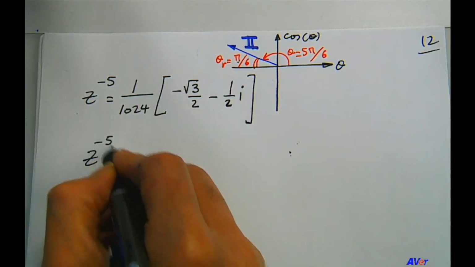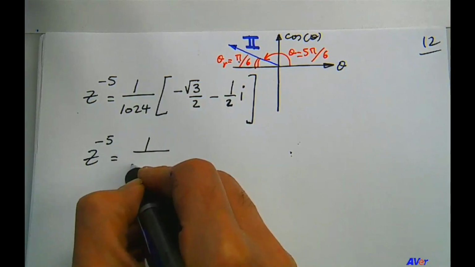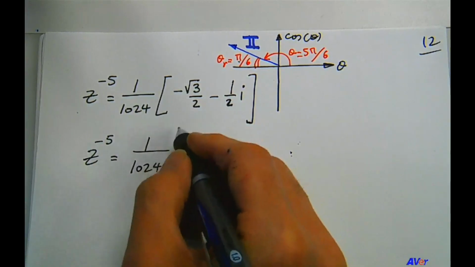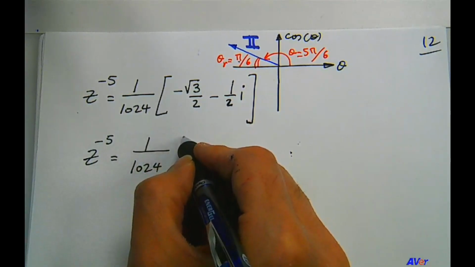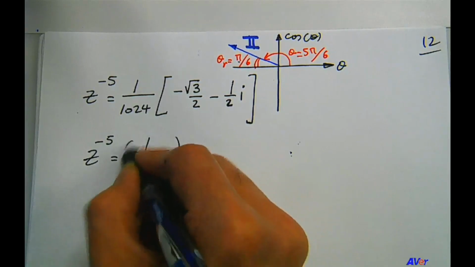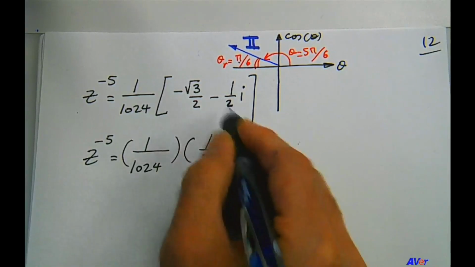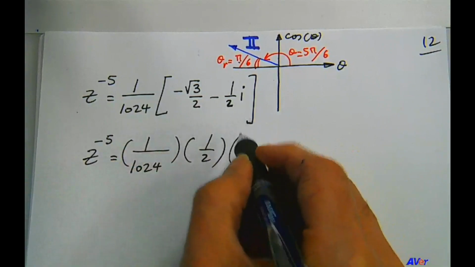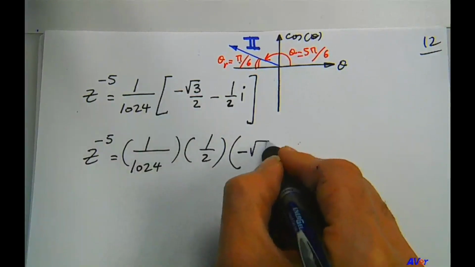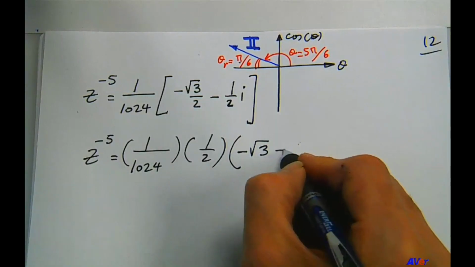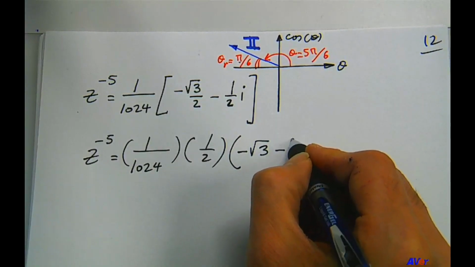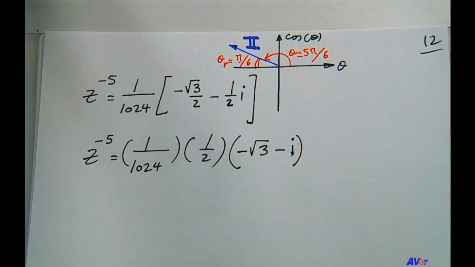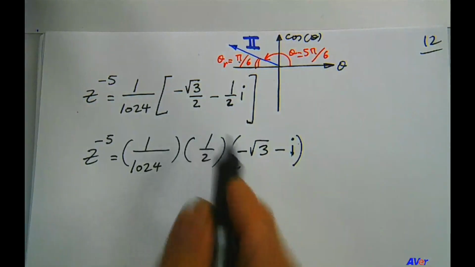So z to the negative 5 power is equal to 1 over 1024 times 1/2, factoring out 1/2, times what's left, which is minus square root of 3 minus I. And then multiply these two.